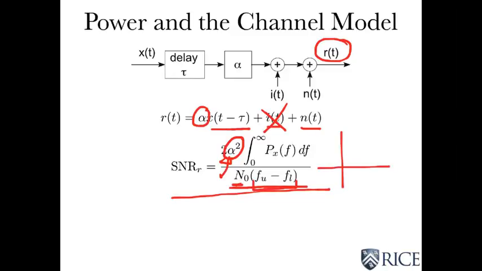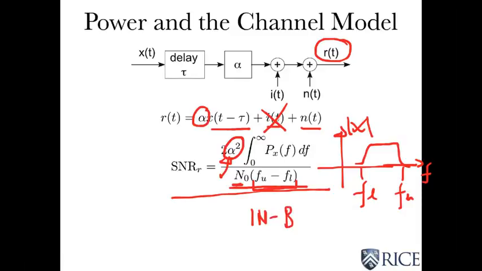So I'm assuming that X is some signal in the frequency domain, which exists from frequency F_L, a lower frequency, to some upper frequency. And the only thing we need to consider is what's called the in-band noise. I'm about to show you how that works.